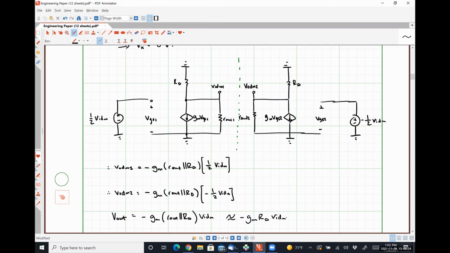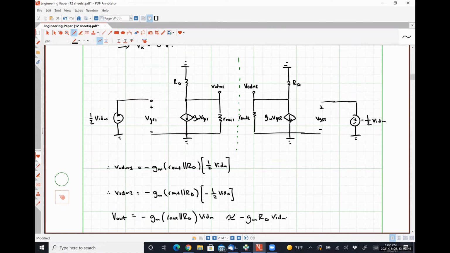So how might we go about boosting that gain? Any thoughts? So how can we increase RD without increasing RD? I know that sounds weird, right?